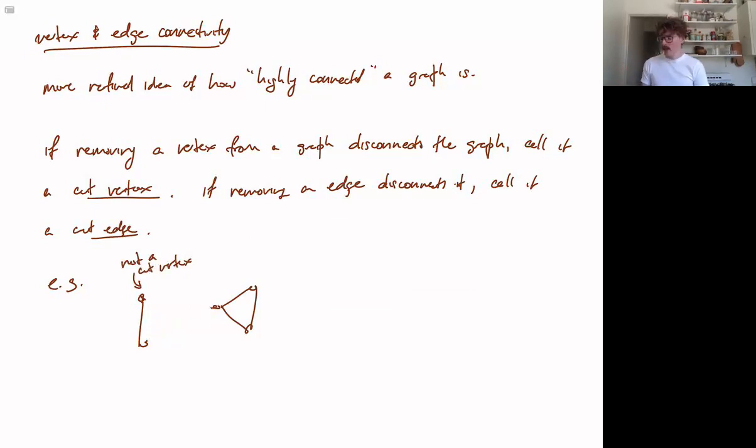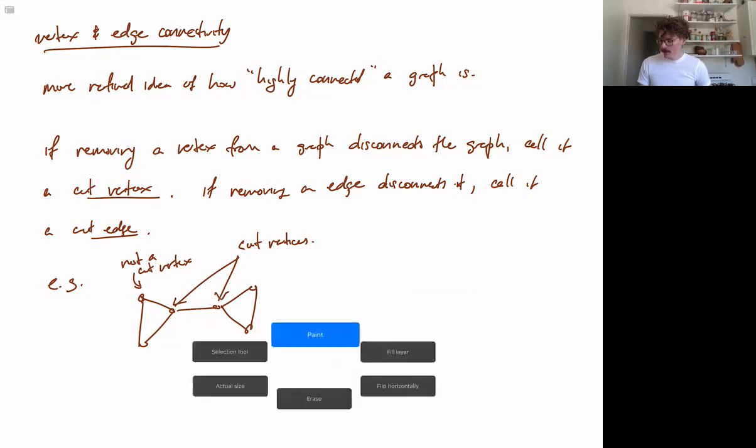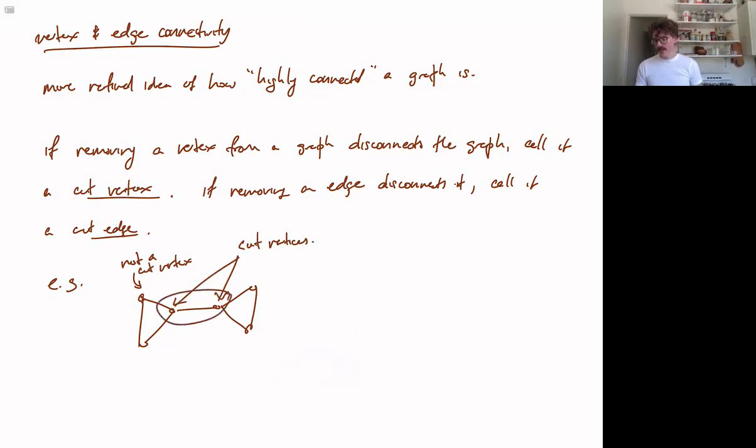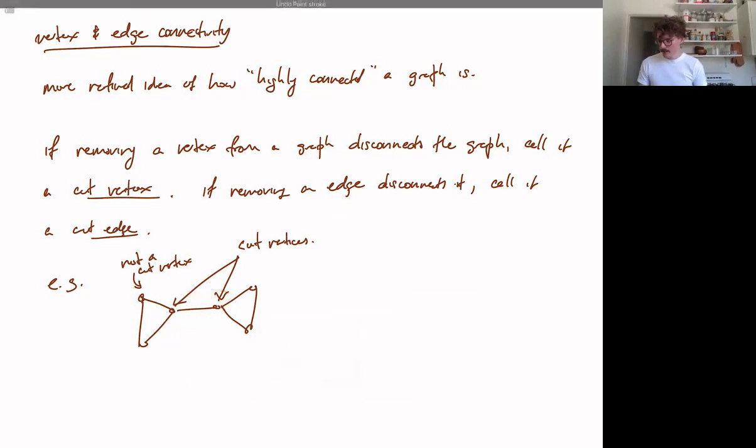So that is a cut vertex. And this one as well, let's just do that real fast. If you cut this off, it disconnects the graph as well. So these are cut vertices. So in this graph, we have exactly 2 cut vertices, and the other 4 are not cut vertices.